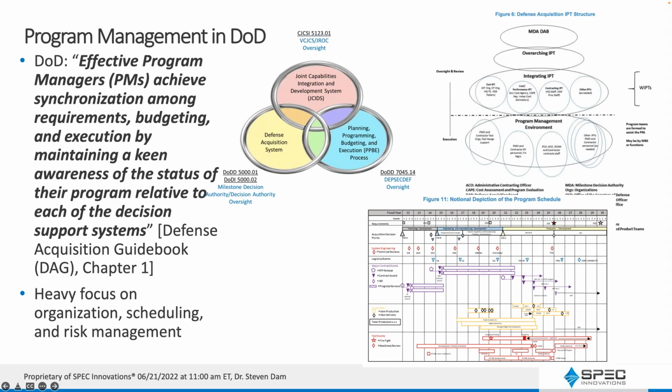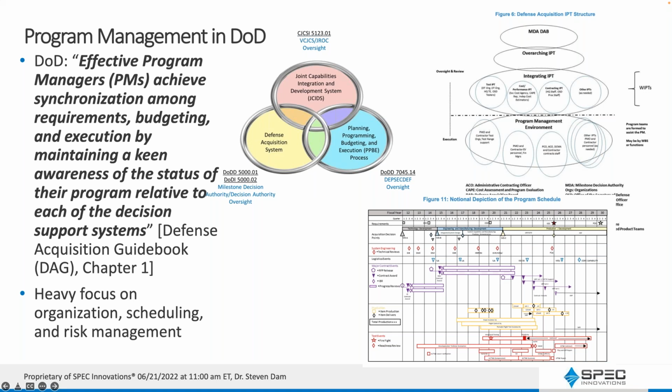So program management in the Department of Defense: if you go to the Defense Acquisition Guidebook, the DAG, chapter 1 is program management. It's all about program management. In fact, then they get into systems engineering and other aspects of acquisition. So the key is that program managers have to synchronize among the requirements, budgeting, and execution.